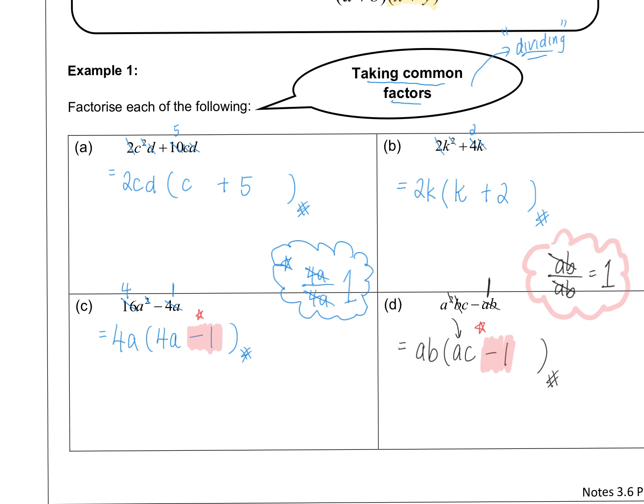Okay? TJ, you copy? Holden and Nathaniel got copy? Okay, good. Very quickly.